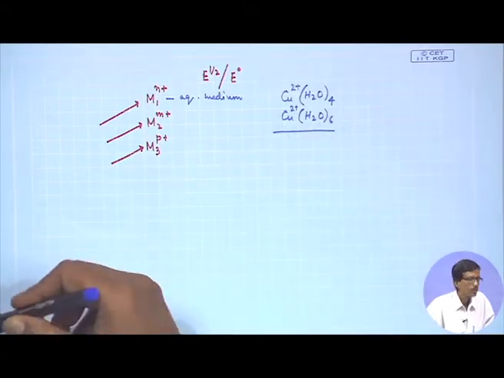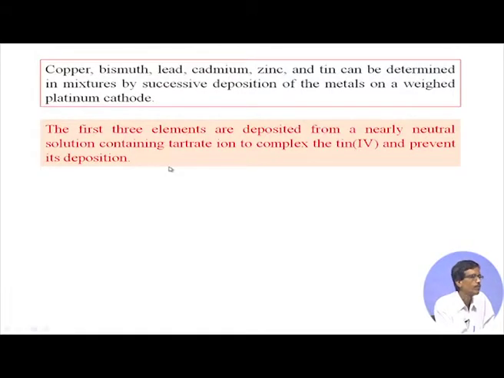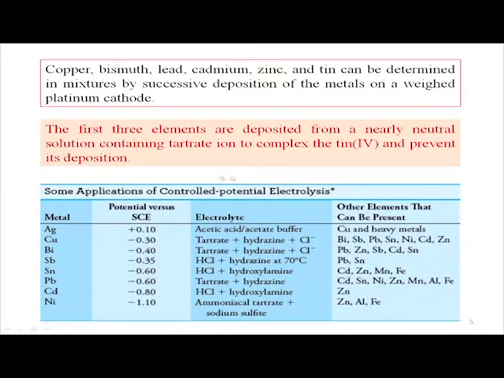Just now, for binding tin, we have seen that the tartrate ion is a chelating species that can bind more than one position on the metal ion in the tetravalent state of tin. If we go for typical controlled potential electrolysis for several metal ions, the corresponding deposition potentials are different.